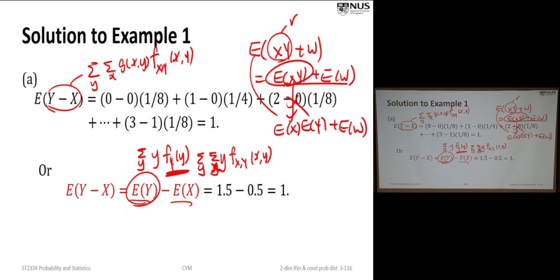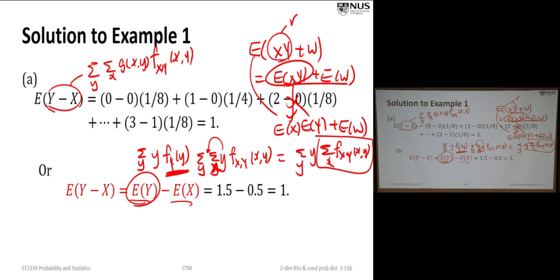And why do I have to do that? Because in that case, I can bring out y, because I'm summing over x. So y is the same throughout this first summation. So I can bring y out. So basically this is the sum over y of y times the summation of f of xy over x. Do you recognize that? That is the marginal of x. Your joint PDF summed over x.